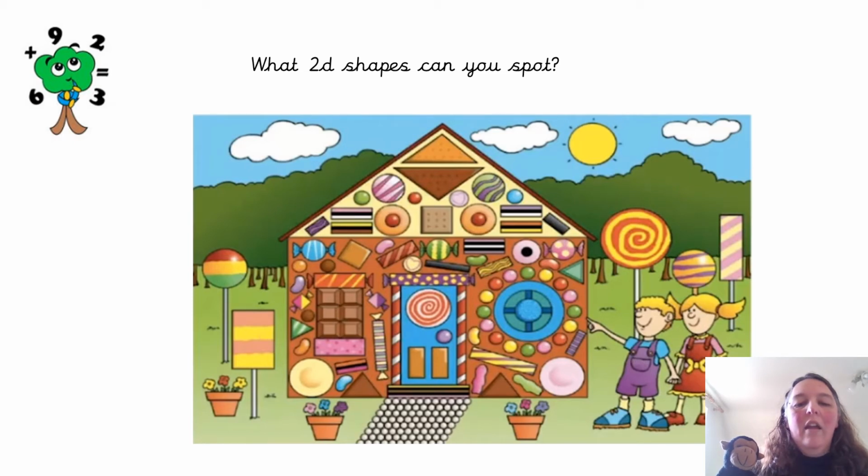Over here, one of the trees, the sweetie trees, is a rectangular shape. There's also rectangular shapes on the house. Have a look, see if you can see any more. Circles, squares, triangles, rectangles.